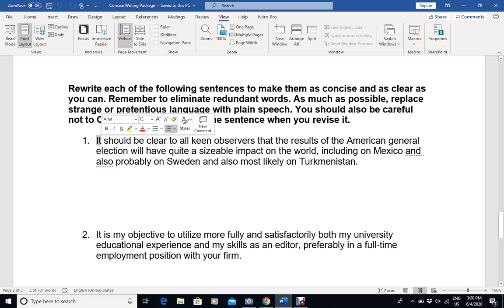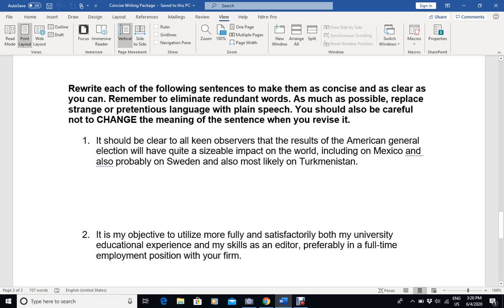Remember, dummy pronouns are usually going to be it or there. And a dummy pronoun happens when we have a pronoun, but it's not taking the place of any specific noun. It's not like it is referring to a specific object or building or place. It doesn't stand in for anything, and that's something we want to avoid.